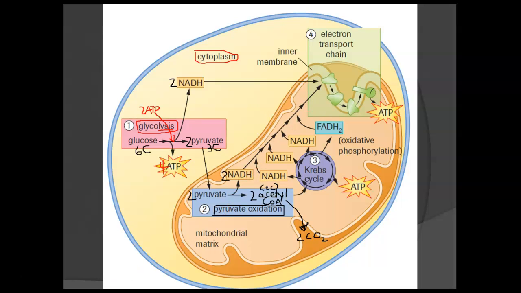Okay. Now, moving on to the third step. The third step takes these 2 acetyl coenzyme A's. Okay, so these two carbon molecules, and please don't get hung up on the name here. Just know it as acetyl coenzyme A. When you get into later biology courses, you can dig deeper into what this actually means and what it looks like. But for today, just know that there are two carbon molecules that feed themselves into stage 3, which is called the Krebs cycle.